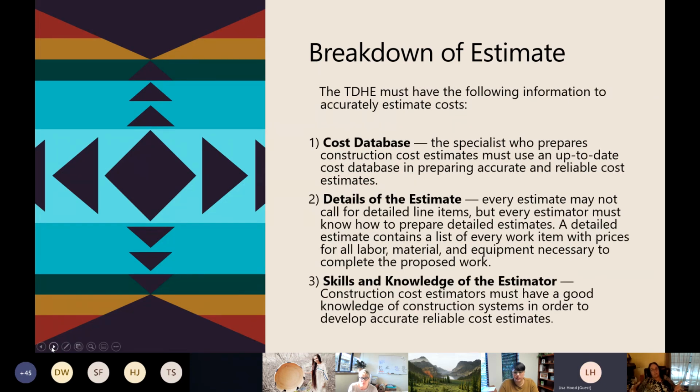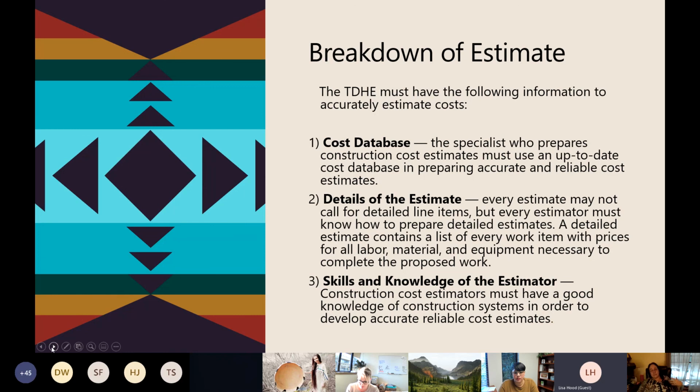You have to have the following information to accurately estimate cost. You need basically a cost database specialist who prepares your cost estimates, and should use an up-to-date cost database in preparing accurate and reliable cost estimates. Details of that estimate: every estimate may not call for detailed line items, but every estimator must know how to prepare a detailed estimate.